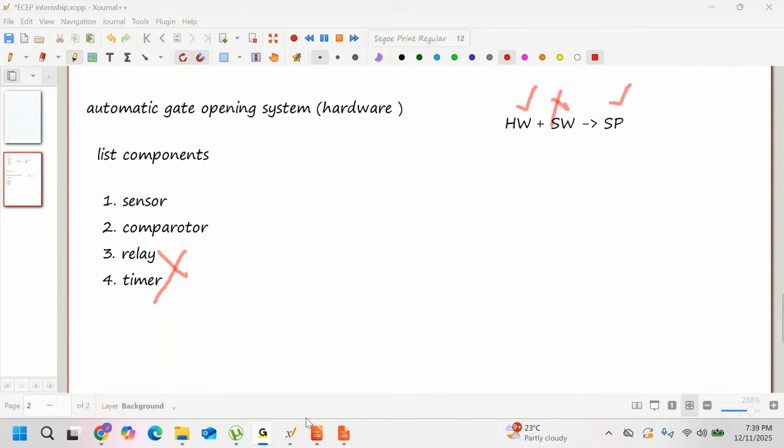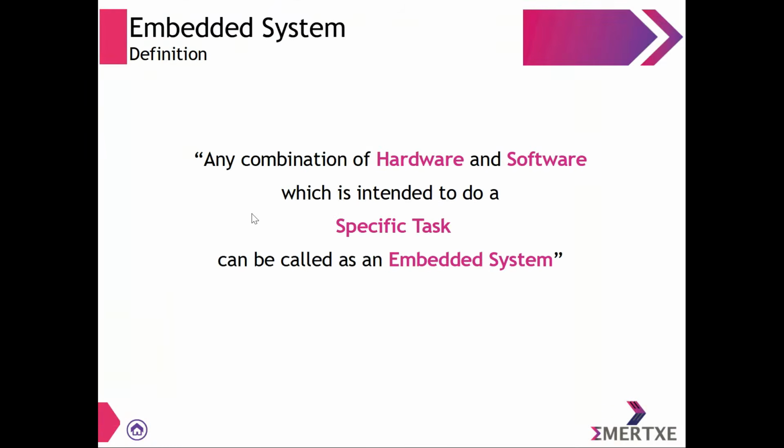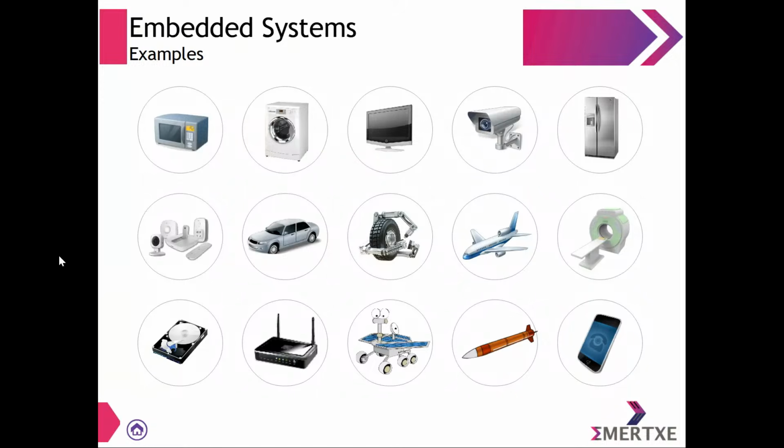Some examples from my end as well. We have microwave oven, washing machine, smart TVs, CCTV surveillance, refrigerators, then smart gadgets. In automotive electronics, in robotics, in avionics, in medical industries, in storage devices, space rovers, routers, missile systems, mobile phone. So these all are nothing but examples for what?